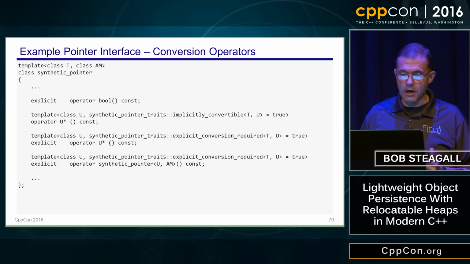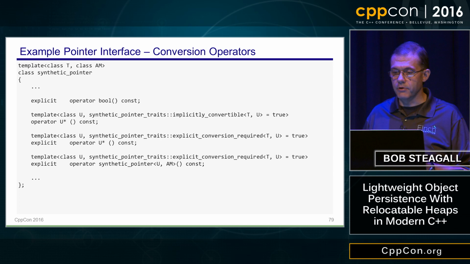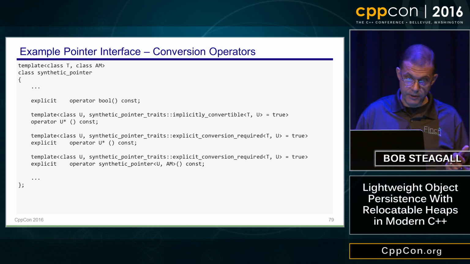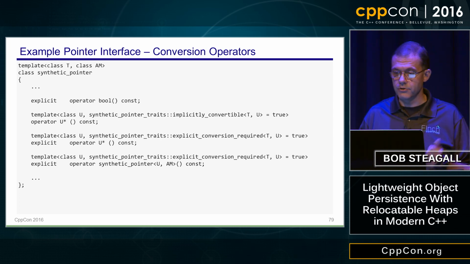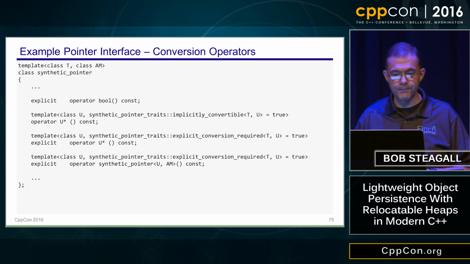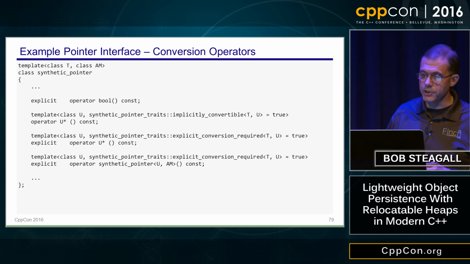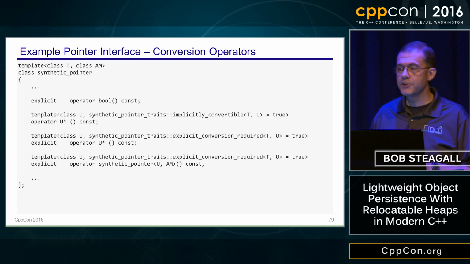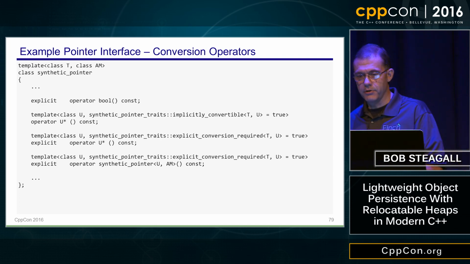The second conversion operator provides for an implicit conversion to a compatible ordinary pointer type. The corresponding implicit conversion to a compatible synthetic pointer type is handled by the conversion constructor that was a couple slides back. The third and fourth conversion operators provide for explicit conversion in the other direction.